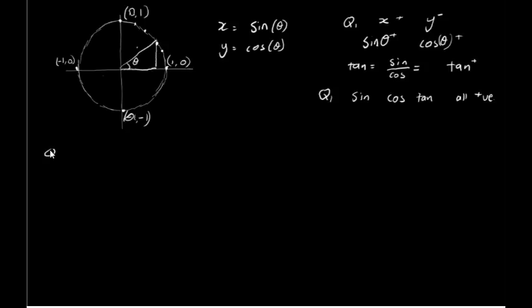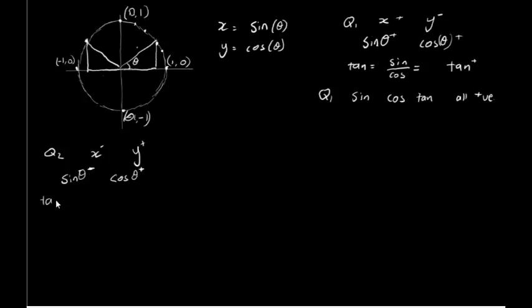For Q2, let's go over here. Again, I'm going to draw another triangle here. I've now got a negative value for x. So x is negative, but I still have a positive y value. My x is negative, which means cos is going to be negative. And positive y means I've got a positive sine. So cos is negative, sine is positive.